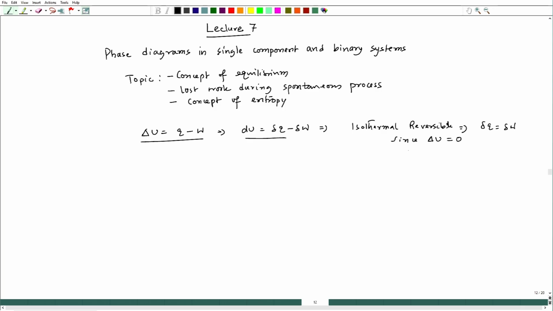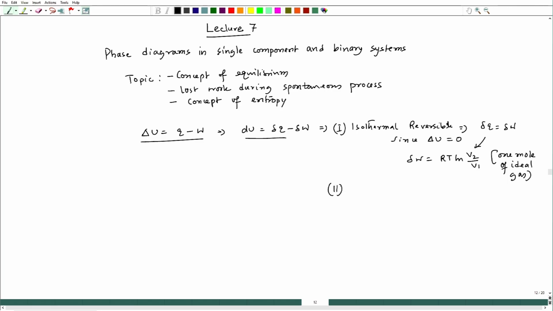If it is an ideal gas, del W can be calculated as RT ln V2 by V1 for 1 mole of ideal gas. This is condition 1.